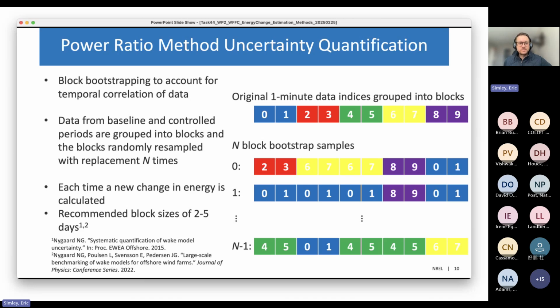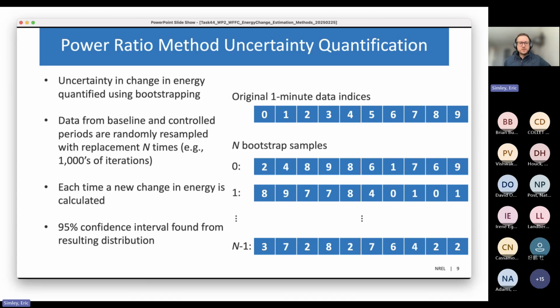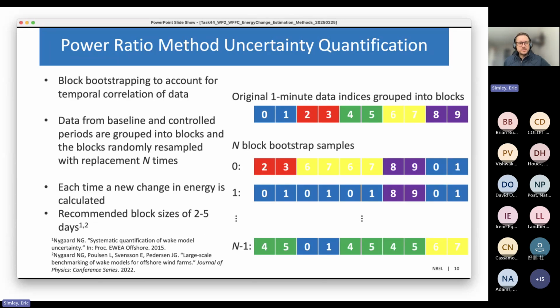So this is where I should say, with the standard bootstrapping, you're assuming that the samples are independent and identically distributed, so not accounting for any correlation between different indices in the time series. Block bootstrapping does account for temporal correlation of the data.